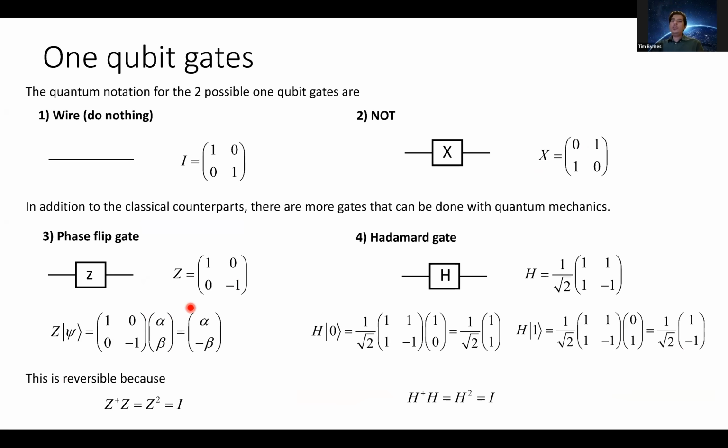But there's still more, not just X, Y, Z. There's also the Hadamard gate, which is a common type of gate that a lot of algorithms use because this thing is unitary, and it is the gate that produces an even superposition state. You start with just the state 0, and it makes an even superposition of 0 and 1. That's quite a useful step to have in quantum computing.